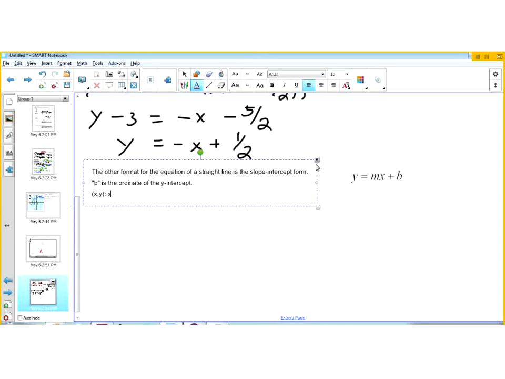When I give you the coordinates of a point, x is called the abscissa, and y is called the ordinate. All right, so two terminologies, the components of the xy pairs of a point, of the definition of a point. So with this in mind, b is the ordinate.